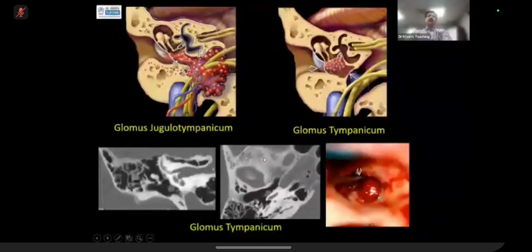Histologically speaking, it's similar. Now, anatomy or the location changes. What is the concept? Glomus tumors are chemoreceptor cells along the carotid sheath. So please remember they are in the carotid space. Now the location can be in head and neck, and there can be 4 different locations. When it is at the bifurcation of the common carotid artery into internal and external carotid artery, we call it a carotid body tumor.